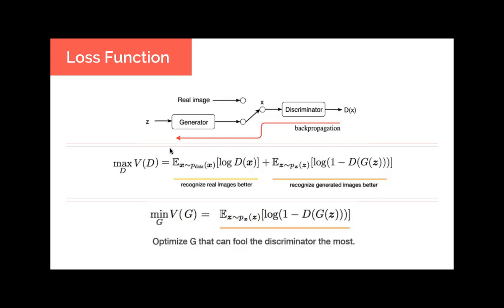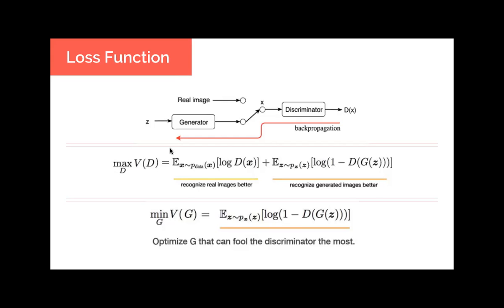So we have y hat equal to D of x. When you replace y hat in the loss function, we get the real loss: 1 here and here, and we have the logarithm of D of x.